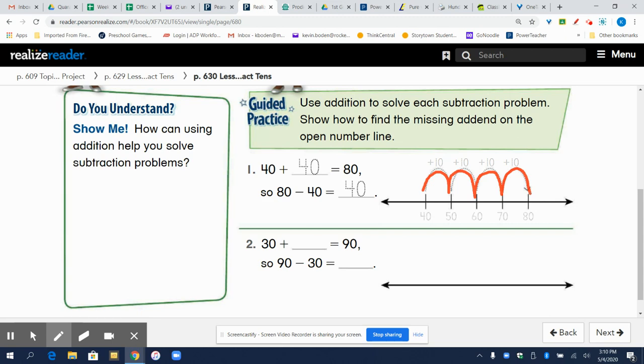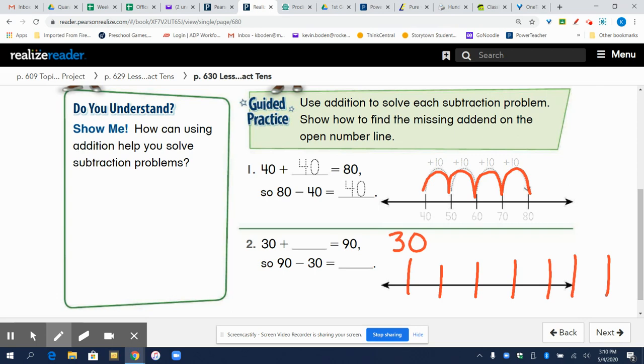So number 2 says 30 plus blank equals 90. So we're going to start at 30 together. And we're going to count all the way up to 90 by tens. So we have 10, 20, 30. After 30 is 40, 50, 60, 70, 80, 90. Yes, I ran out of space. So we started at 30, and then how many more did we count on?